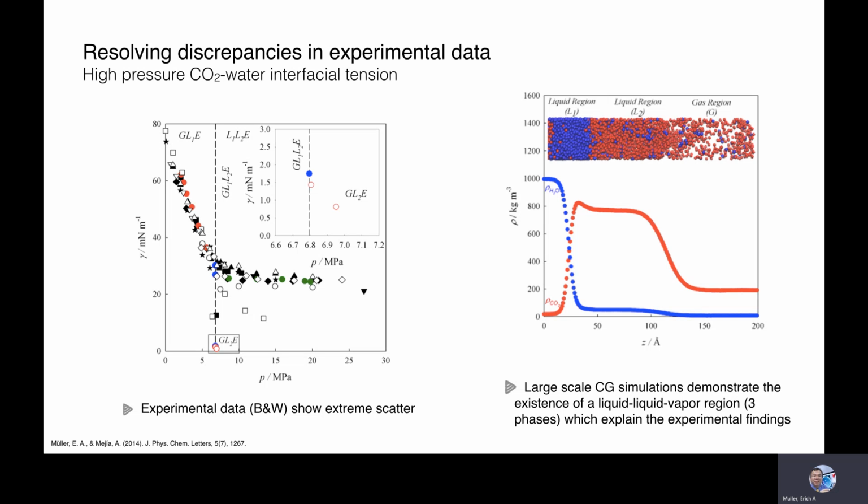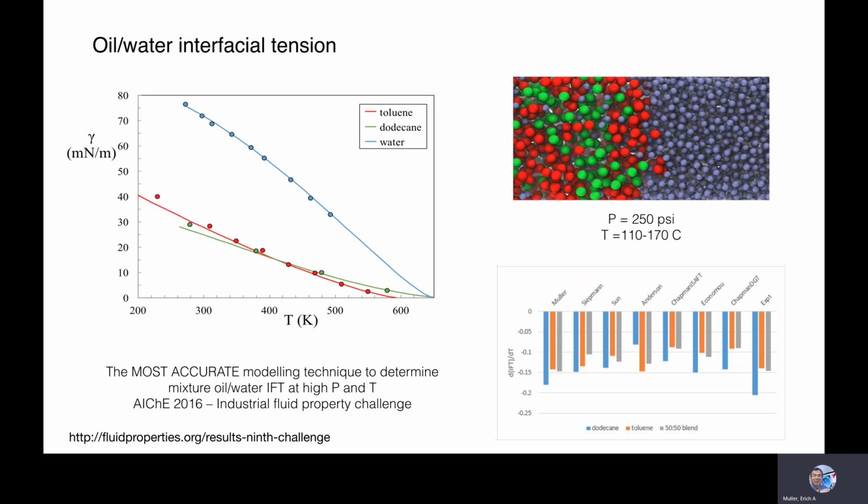Hence, the characterization with a single interfacial tension was impossible. And that explained why there was this very big spread in the experimental data, most likely because of the appearance of another phase in the system.